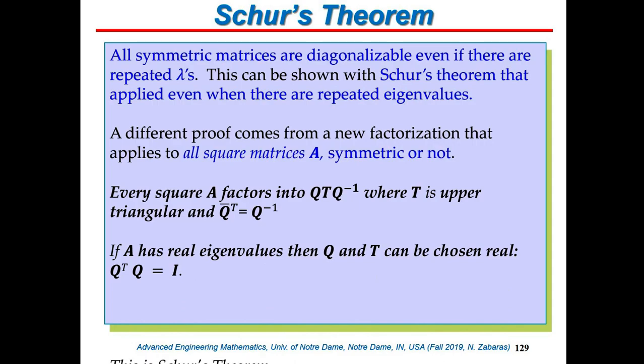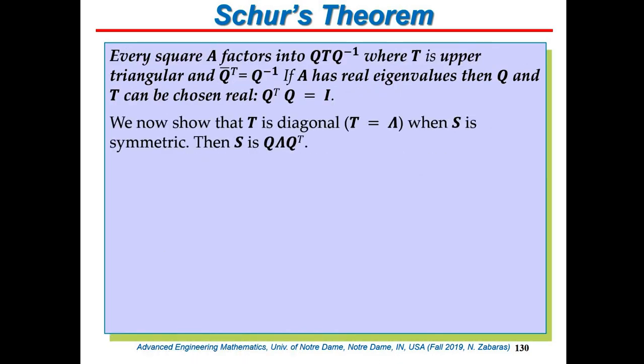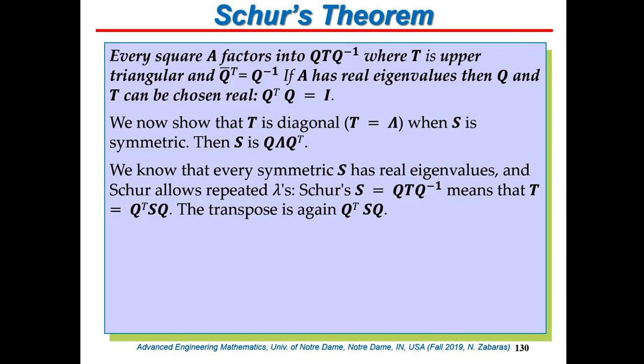All right, and this is what I have, I believe, on this slide. More or less what we just discussed. This matrix T, you can write as Q transpose S Q. If you take the transpose of this, it will still be Q transpose S Q. And because S transpose is equal to S, T transpose will be equal to T, and T has to be diagonal.